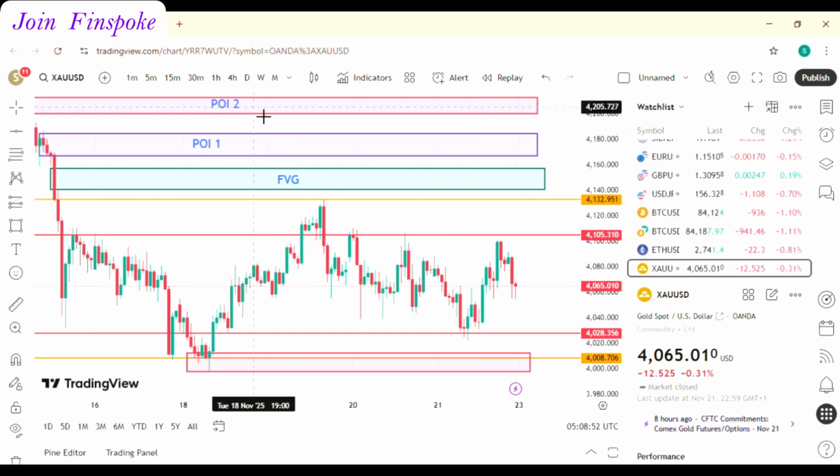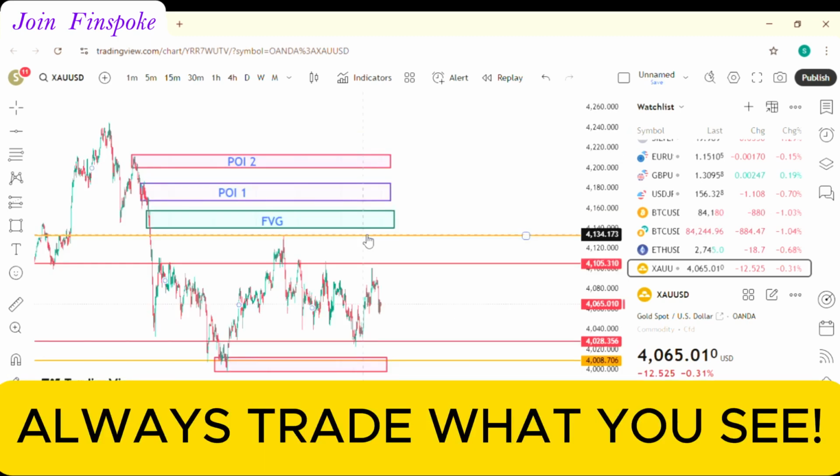So we've gotten point of interest 1, 2, and the one at the support zone if price returns to this support zone before moving. The next thing is to get to your 15 minutes time frame and refine these zones that we marked here. Trade what you see in the market. Price might return to this support zone and push to the upside because what gold is doing currently is to reload buyers.